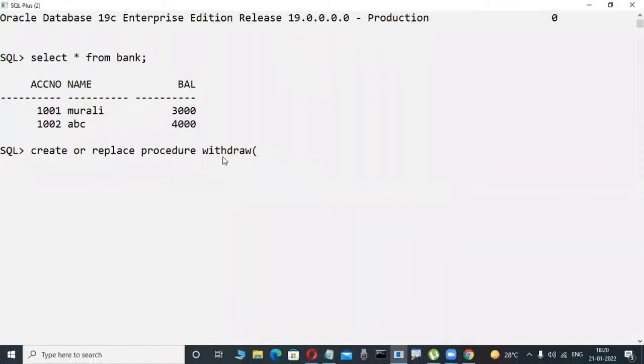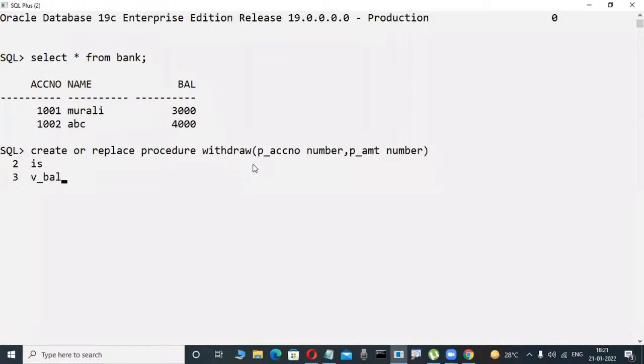Now here, create or replace procedure withdraw. Here I'm passing the account number, and the amount also, because I try to withdraw. It's like the ATM card. Now some coding is there.